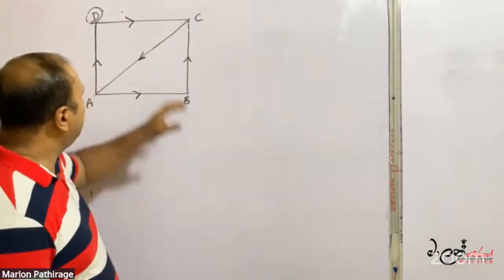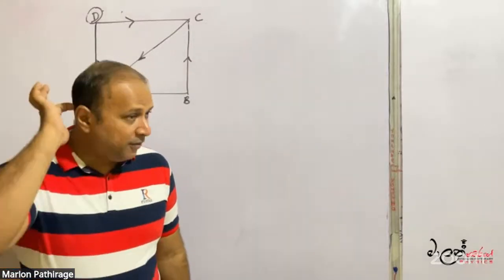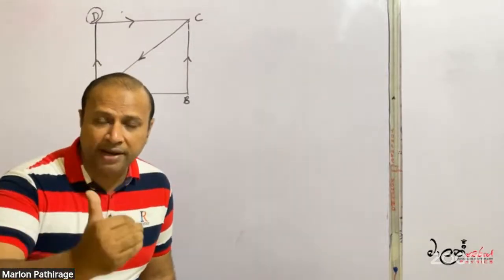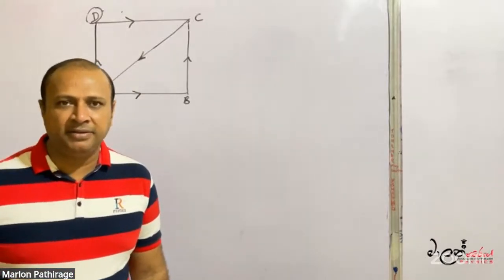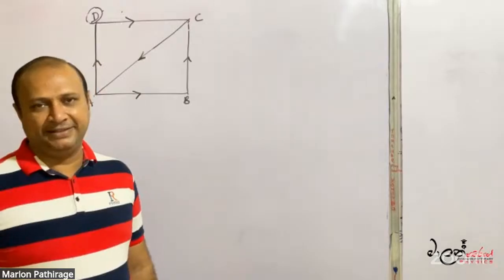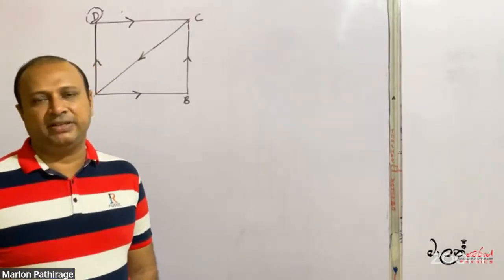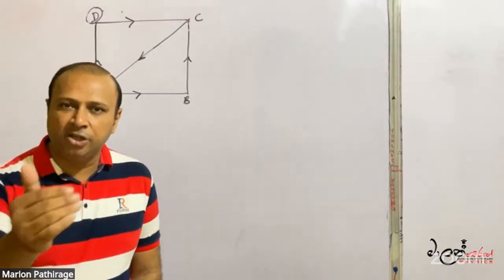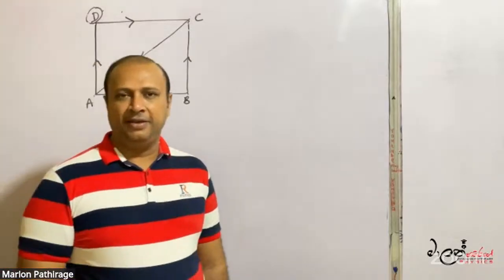Now there are 1, 2, 3, 4, 5 vectors. You have to reduce that vector system one by one into one single vector. That one single vector will be the resultant vector of the vector system.